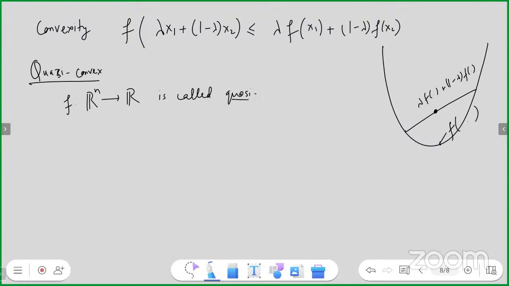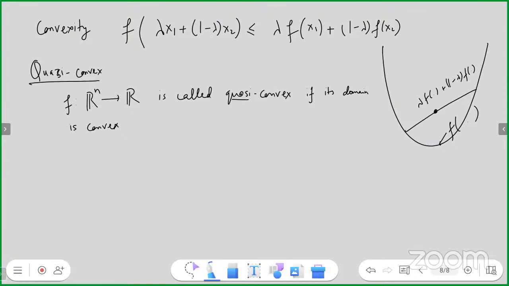It doesn't satisfy all the properties of a convex function, but comes close. If its domain is convex, see, we needed this even to define a convex function.